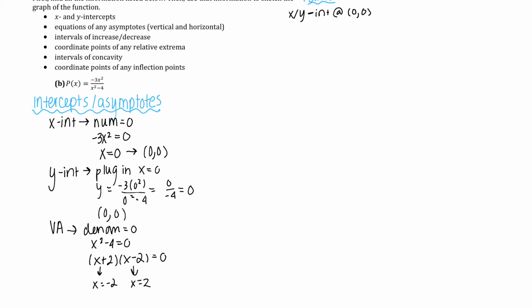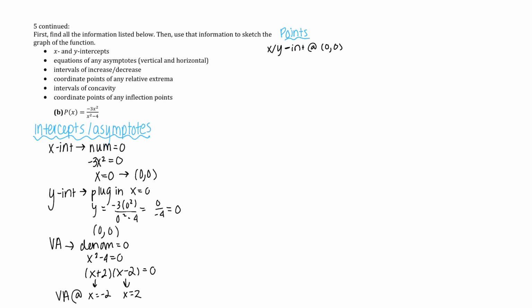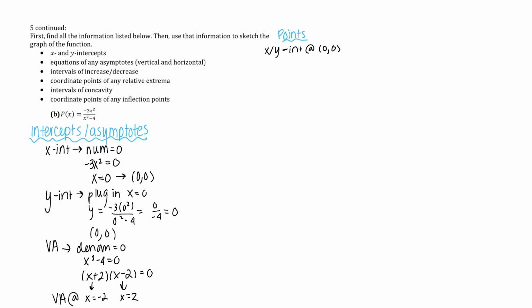So you have vertical asymptotes at both of those, at x equals negative 2 and x equals 2. So maybe right above here, I'm going to give room for asymptotes: vertical asymptotes at x equals negative 2 and x equals positive 2.